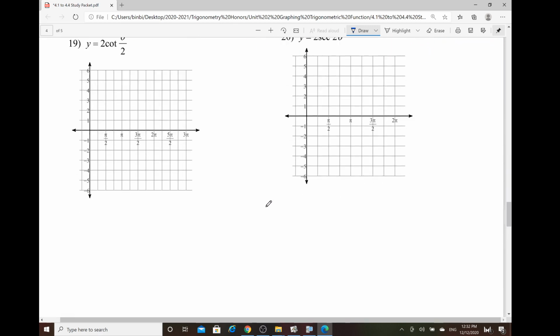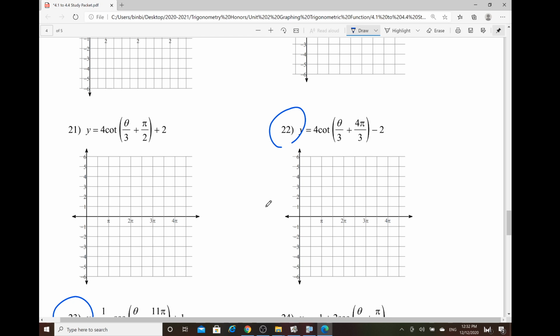What about the one for cotangent? Okay, so here's another one. So cotangent, the way to do the one cycle test. So this one is from 0 to pi, because the parent graph of cotangent is from 0 to pi. So again, find out the rest of the elements. So y equals 4 cotangent of 1/3 theta plus 4 pi over 3, minus 2.